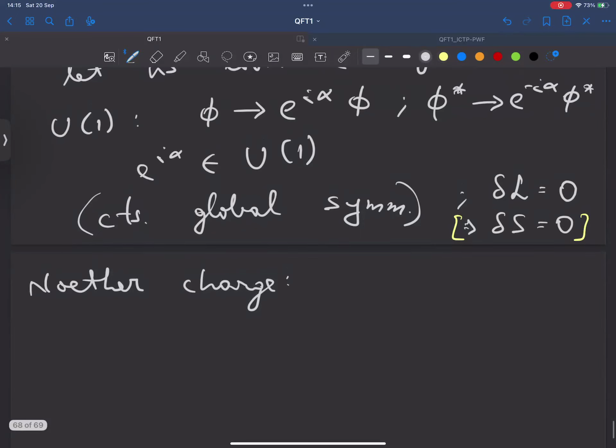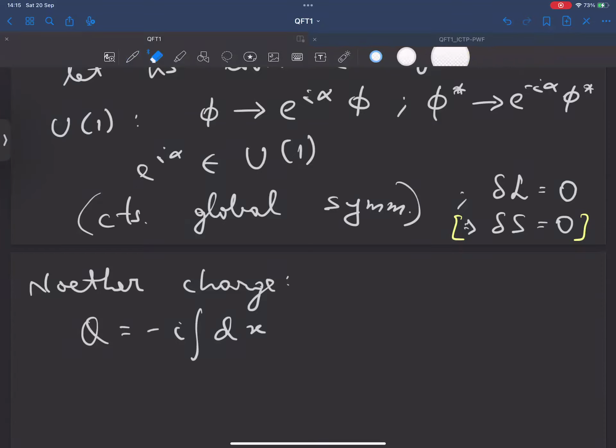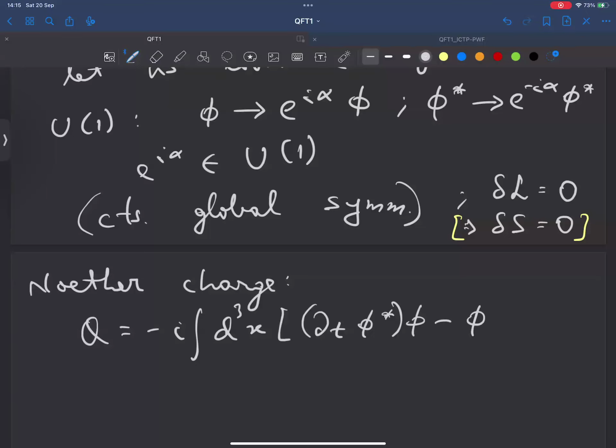The Noether charge that we had defined was defined like this: the zeroth component of the Noether current, integrated over the whole 3-volume.